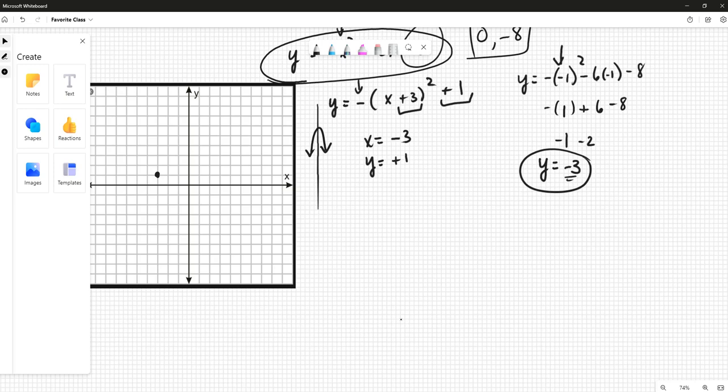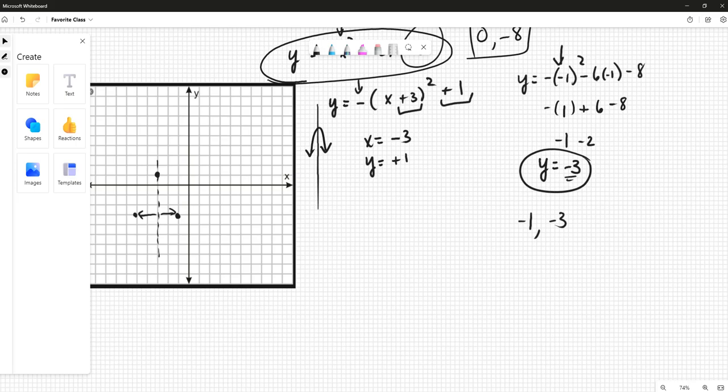Another point is when x is negative 1 and y is negative 3, so if I go 1 to the left and then 3 down, that's another point on my parabola. This is the line of symmetry, so I know that this point is 2 places to the right, so the other matching point is going to be 2 places to the left.